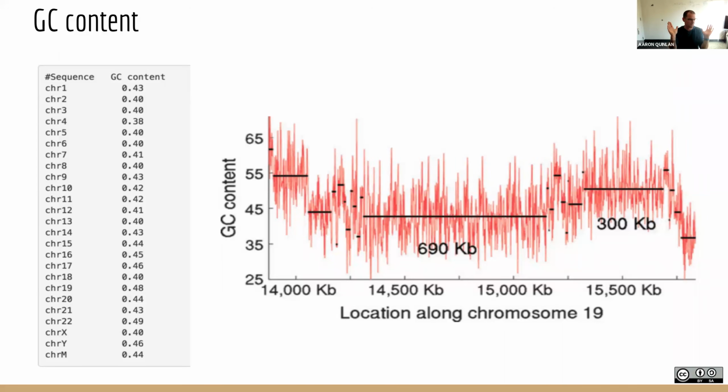So if it was 250 G's and C's and there's 500 nucleotides, the GC content is 0.5. We step forward one nucleotide and we now measure from position 2 to 501 and move along. So we just keep marching along and measuring the GC content.